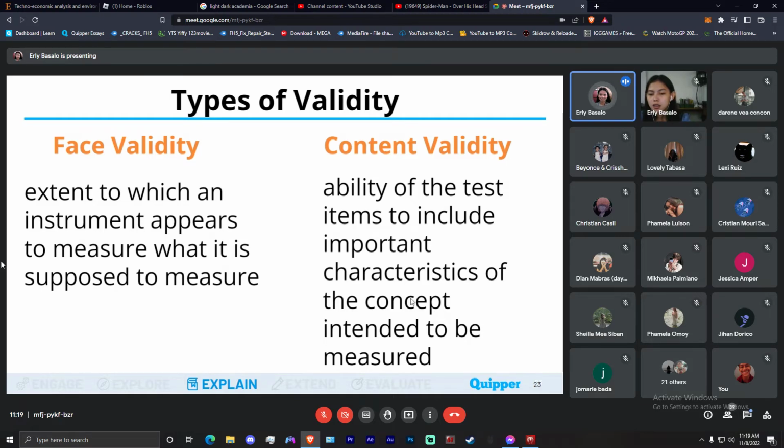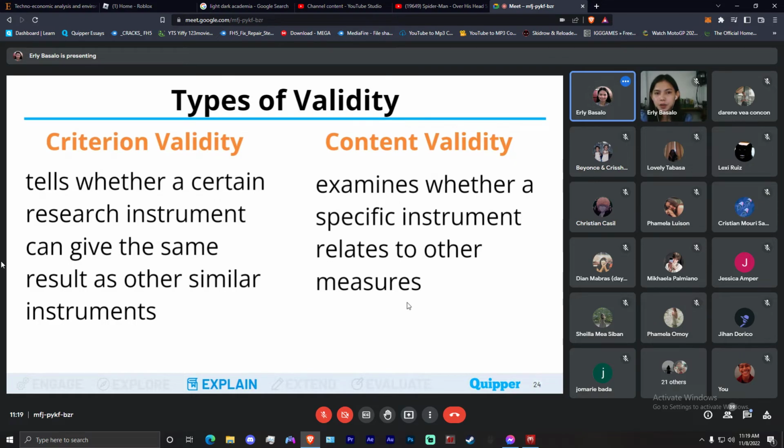We have also criterion validity, which tells whether a certain research instrument can give the same results as other similar instruments.